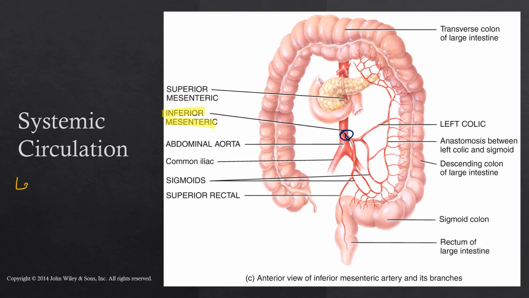So these are the left colic artery, sorry about that, left colic artery, the sigmoid arteries, and then also the superior rectal artery.